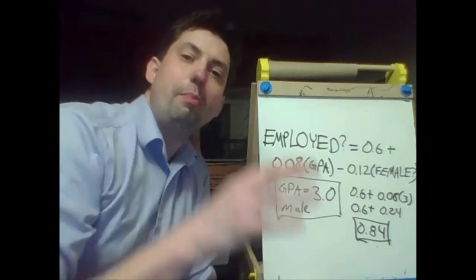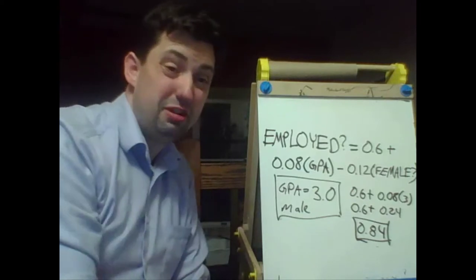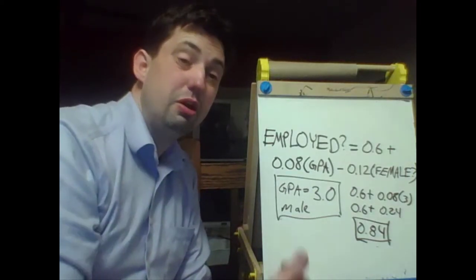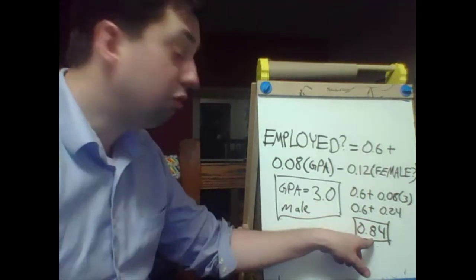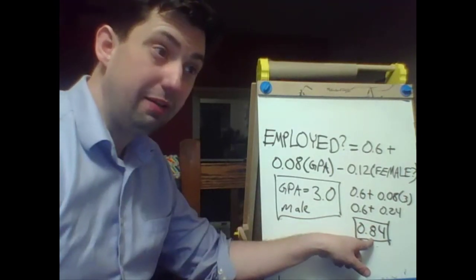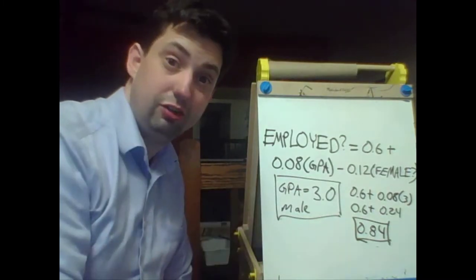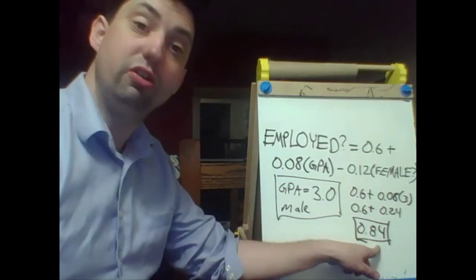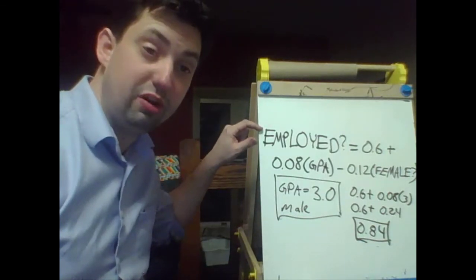It's possible because, remember, we are predicting values. Predicted values can be between 0 and 1. We are predicting a dummy result. So the way to interpret this predicted value of 0.84 is to think in terms of percent chance. There is an 84% chance that this person will be employed after graduation.